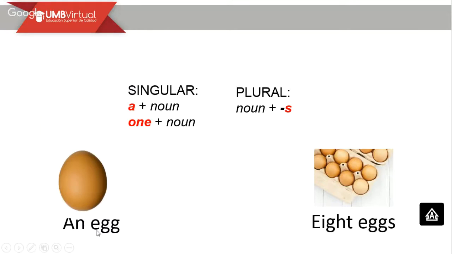Here, as we have a vowel sound, we have to put an. And right here, as I am mentioning 8, this word finishes in a consonant, so it's not possible to put an, okay, because it's plural, just with singular.